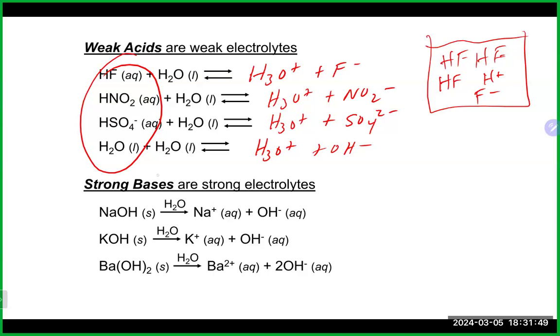Now, strong bases are also strong electrolytes, and for the most part, strong bases usually will contain hydroxide. They come from group 1 and group 2 on the periodic table, which are our alkali metals and our alkaline earth metals. As we talked about a couple of times before, the word alkaline means basic.